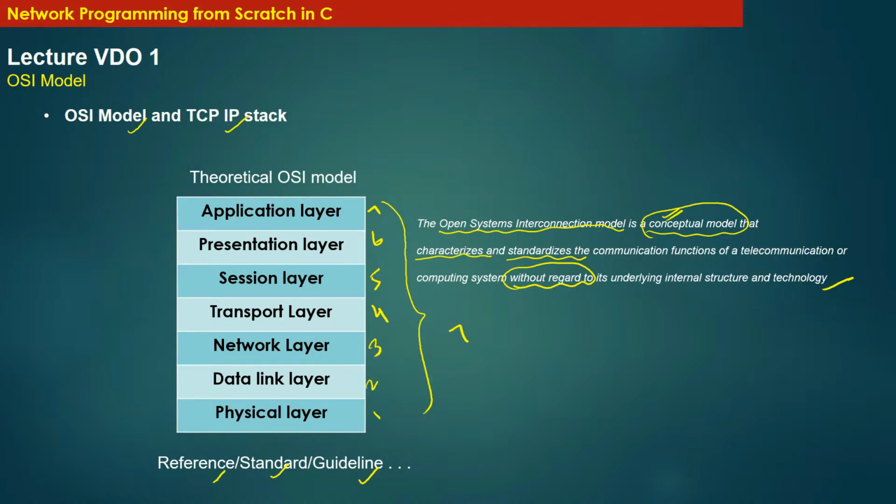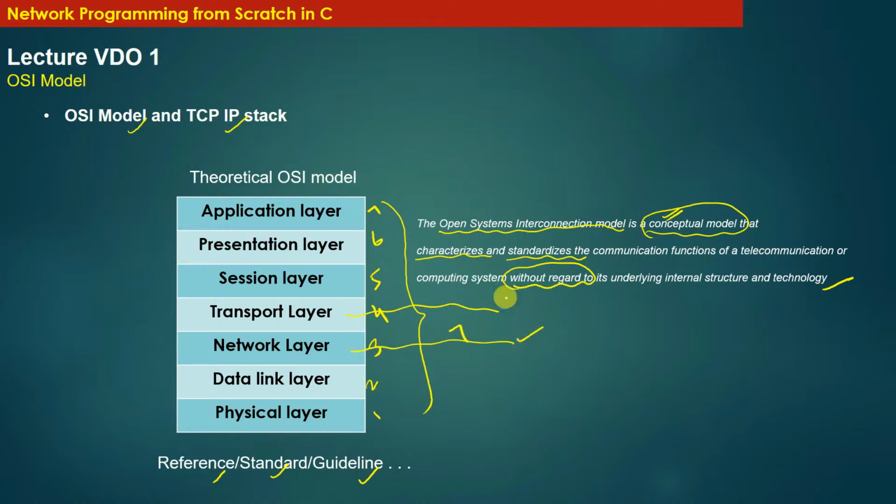The OSI model says that if you are implementing a networking subsystem, then you should implement the transport layer, for example, but it doesn't say how you should implement the transport layer. Similarly, it says you should implement the network layer, but it doesn't say how you should implement it.